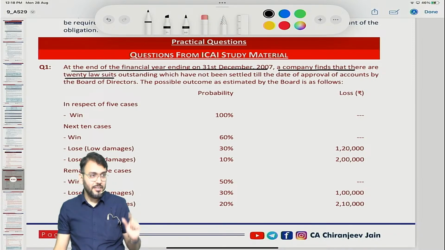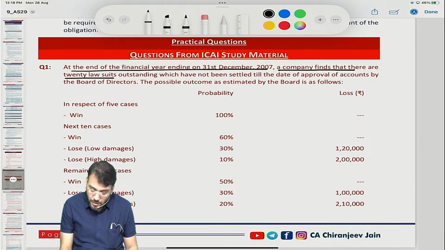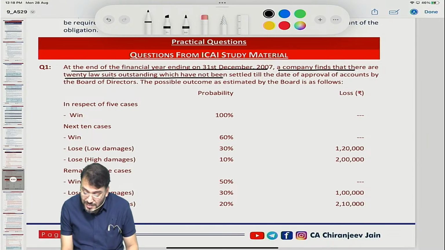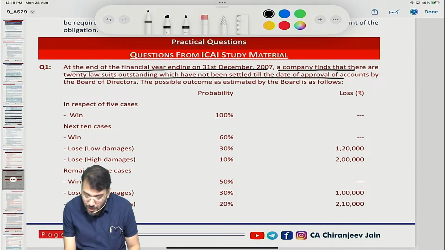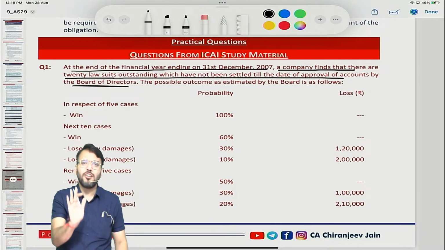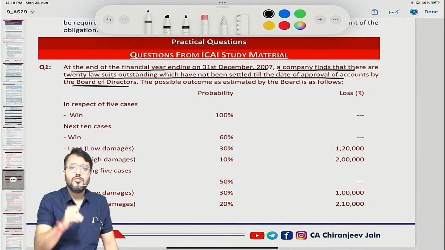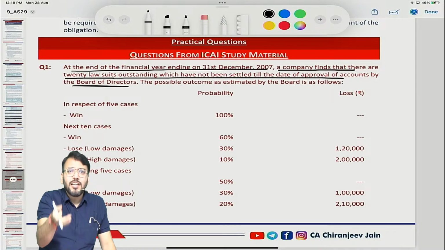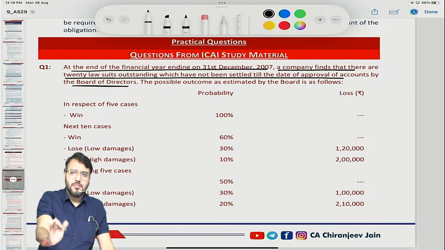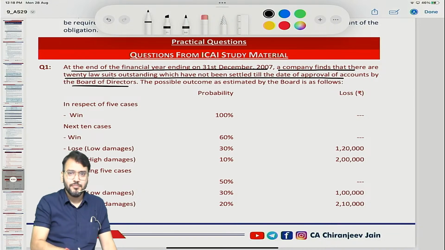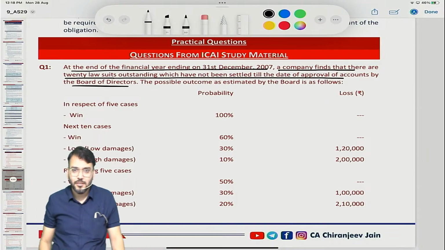Are you able to understand the English? Outstanding, which have not been settled till the date of approval of accounts by the board of directors, means which is not yet settled. Only if not yet settled is AS29 applicable. If settled, then AS29 is not applicable because then there is an actual amount. Am I right or not? Correct?